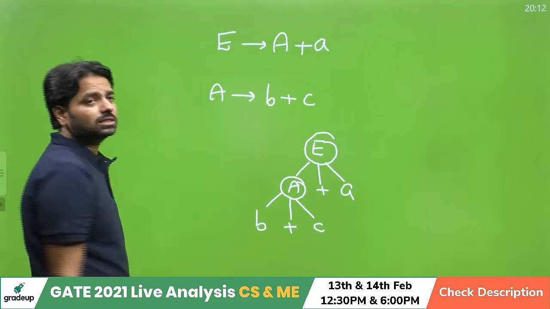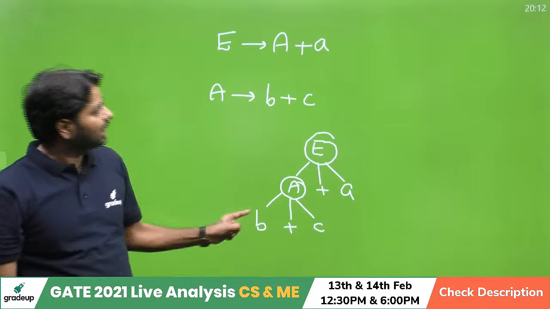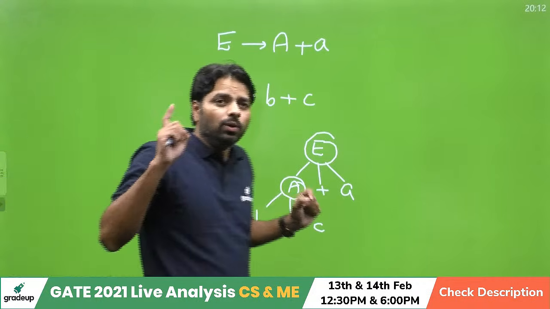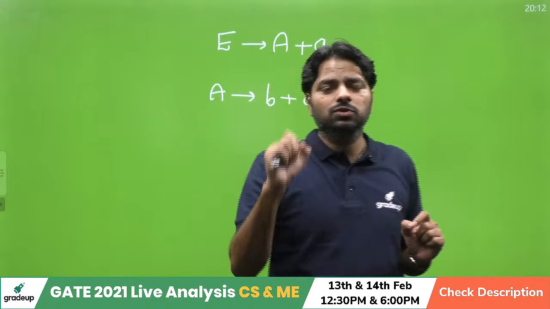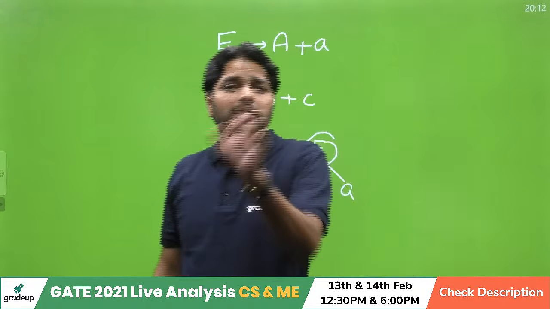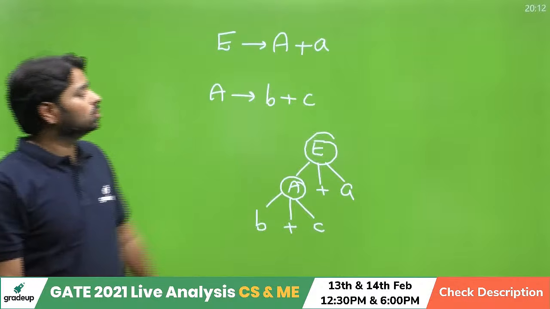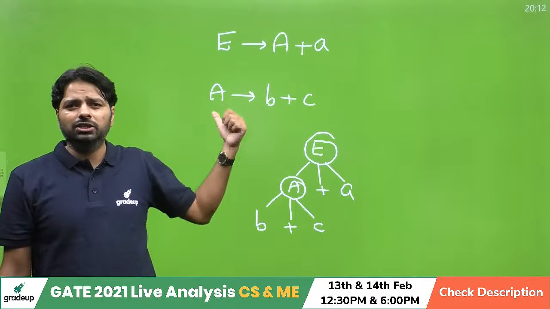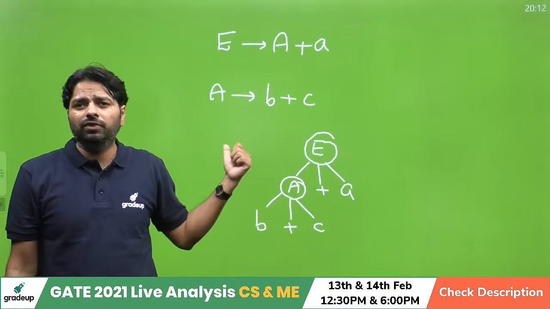When you get 2 plus, which plus is evaluated? Again left, but there is no recursion here, right? Understand, when you have a left recursion, it is definitely left associative, but left associative doesn't mean left recursion. Here also left associative, but did you see any left recursion here? No left recursion. So this is the most important point for you.